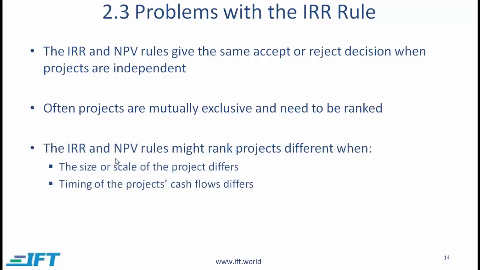The problem is that with mutually exclusive projects, the IRR and NPV rules might not rank projects in the same way. Differences can arise if the size or scale of the projects is different or if the timing of the project's cash flows are different.